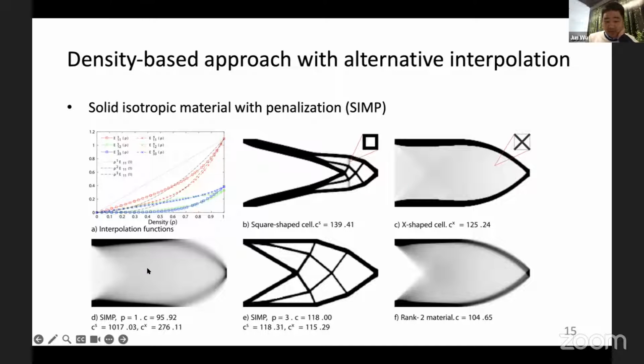If we have p equals 1, we have a gray structure, but this gray structure overestimates the stiffness, so the compliance is small. But if this grayscale structure is replaced by a square shape or an X shape and we evaluate the compliance again, it is actually very bad. So the realization with p equals 1 is not recommended.